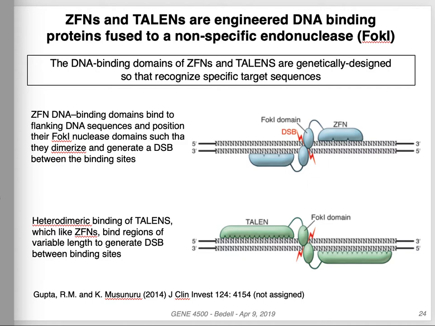But then it was discovered that this is actually part of what's called an adaptive immunity system in bacteria to protect themselves against invading DNA, and that invading DNA is typically coming from phages, bacteriophages, right? So those phages attach to the surface of bacterial cells, and they literally inject their DNA genome into the cells, and then the viral genome expresses viral genes that take over the machinery of the cell.